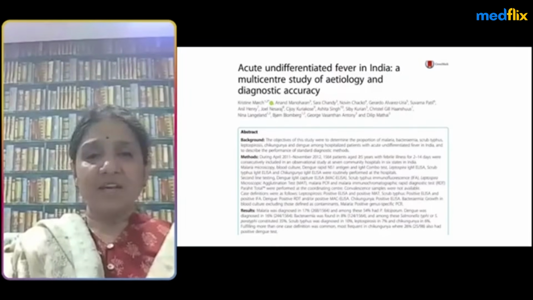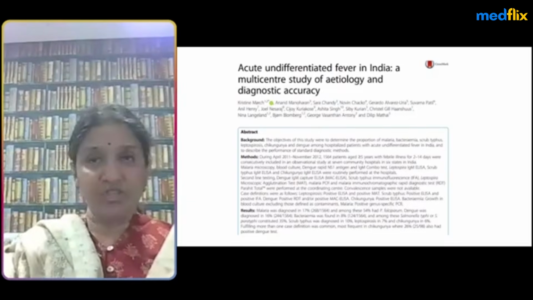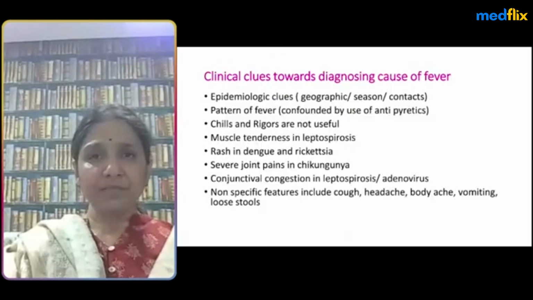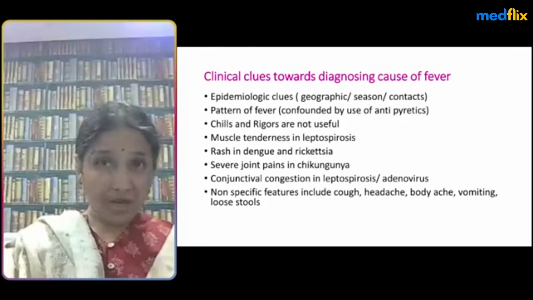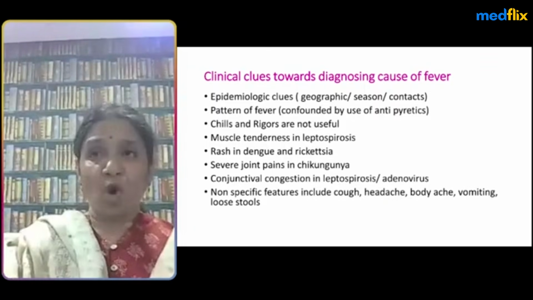But in this case, the most common causes of fever were malaria, then followed by dengue, then bacteremia, which was most commonly due to typhoid, followed by scrub typhus and chikungunya. These were the most common causes of acute undifferentiated fever, which was published from Vellore and other areas.